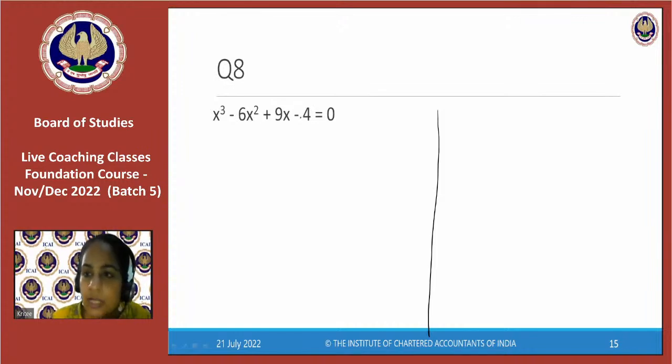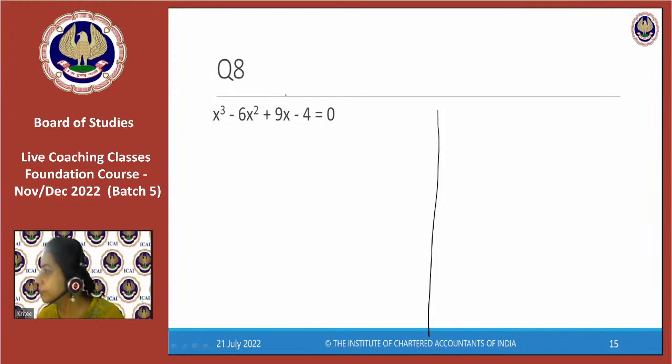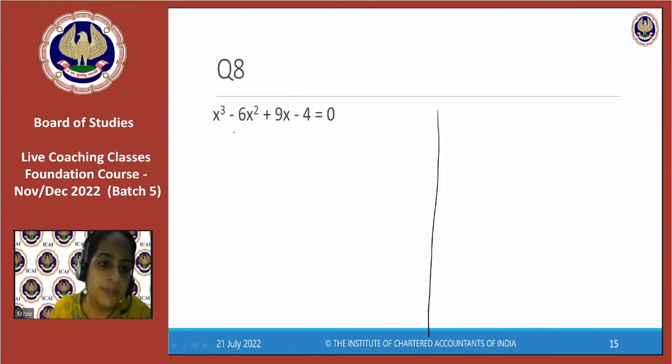Whichever gives you the answer equal to 0 is your correct answer. Nobody is asking you a method in a multiple choice question, right? No, Nital, both the methods give you the same answer. Use either of the methods, you'll get the same answer. So cubic, trial and error.